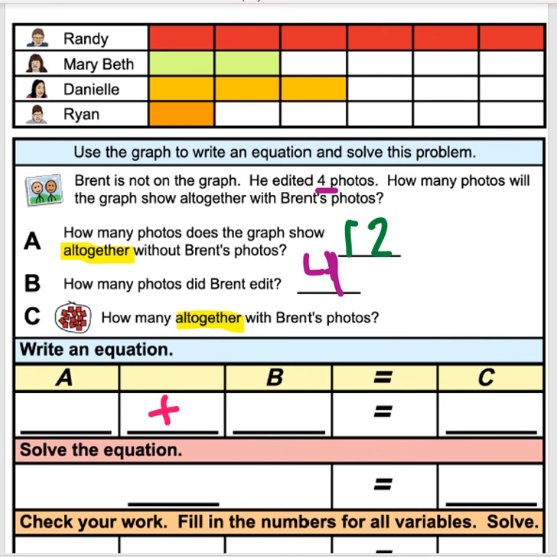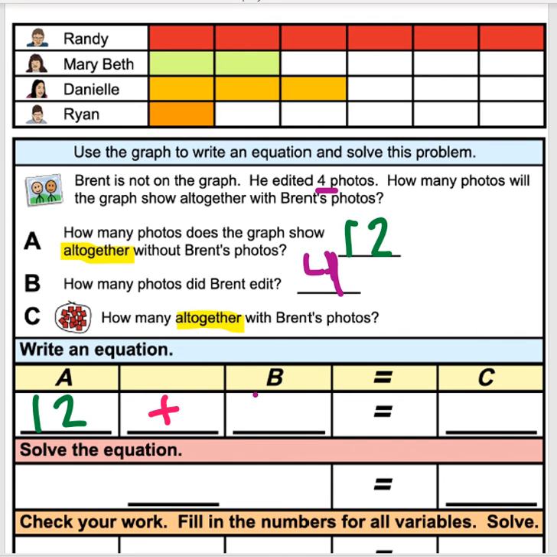So now we're going to fill in our equation with our variables. So we know that A was how many photos does the graph show all together without Brent, and that's 12. So we're going to put a 12 in our A spot. And we know that B is how many photos did Brent edit, and that was 4.